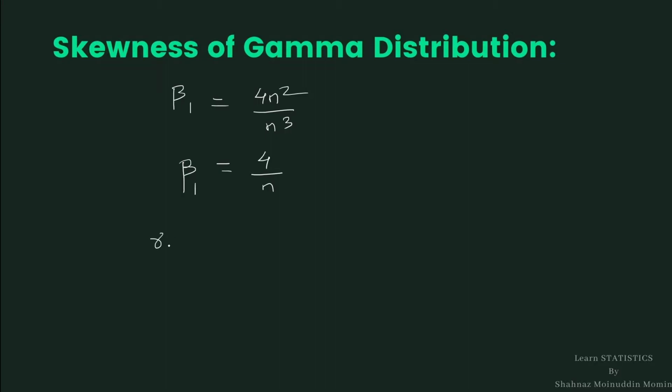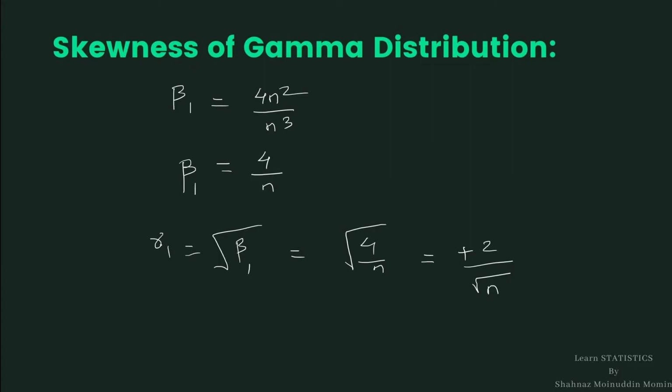Gamma 1 is equal to under root beta 1. So it is under root 4 upon n, which is equal to plus 2 divided by root n.